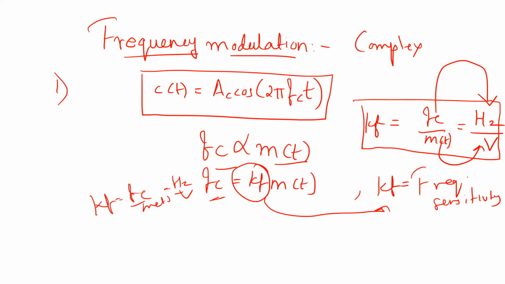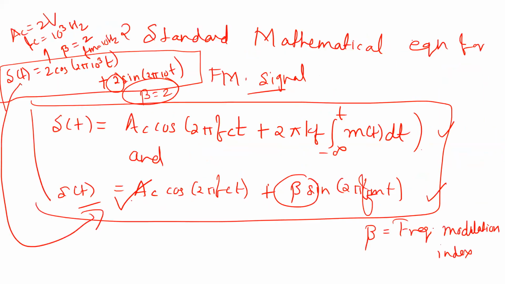So what is frequency modulation? Frequency modulation is a technique in which the frequency of the carrier signal varies with the instantaneous change of your message signal. Your c of t is given as Ac cos 2 pi fc t, where the carrier frequency will be directly proportional to m of t. Kf is equal to fc by m of t, in hertz per volt, and Kf is given as the frequency sensitivity.